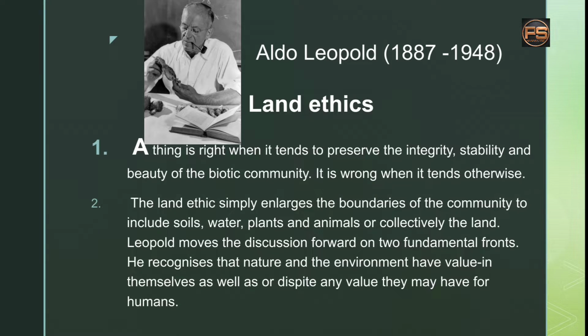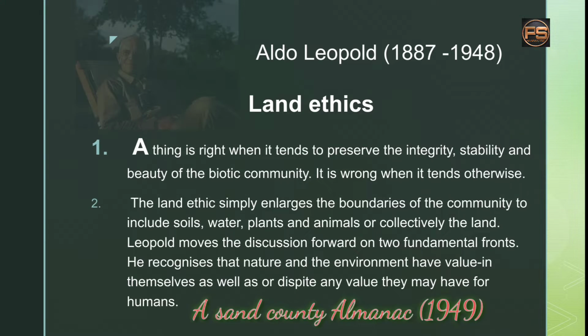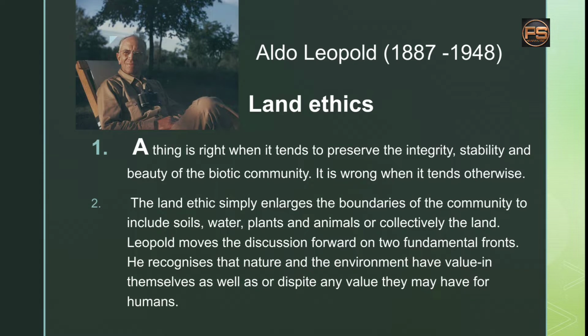In his book, he argues that there is a critical need for a new ethic, an ethic dealing with humans' relation to land and to the animals and plants which grow upon it. A Sand County Almanac was the first systematic presentation of a holistic or ecocentric approach to the environment.